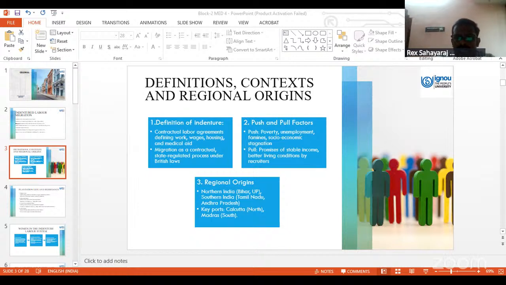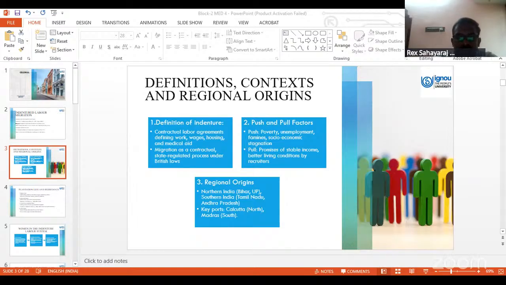Then you see the French India between 1842 and 1916 supplied indentured labor to its colonies in the West Indies and Reunion Island, but it was later banned after the promulgation of the Immigration Act. So you see, people are moving for various reasons, and the British government exactly tapped the people based on the factors which led them.